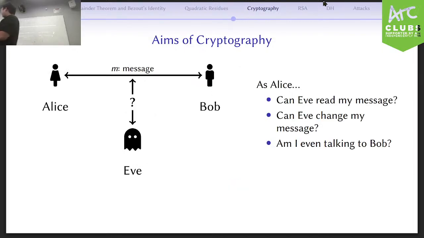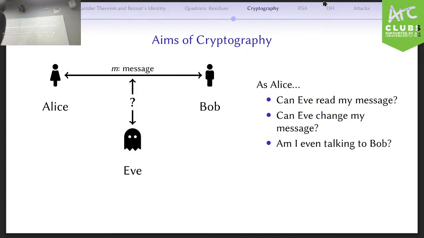Cool. So the aims of cryptography revolve around these three questions. From the perspective of Alice, because I might be aware that someone could be listening in on my conversation with Bob, I might ask: can Eve read my messages? Sometimes I want my messages to be hidden, to be secret. Can someone listening in potentially read my messages?